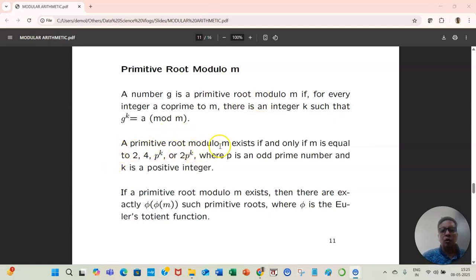A primitive root modulo m exists only if m is equal to 2, 4, p to the power k, or 2p to the power k, where p is an odd prime number and k is a positive integer. If a primitive root modulo m exists, then there are exactly phi of phi of m such primitive roots, where phi is the Euler totient function. These are deep mathematics in number theory and all fall under the category of modular arithmetic.